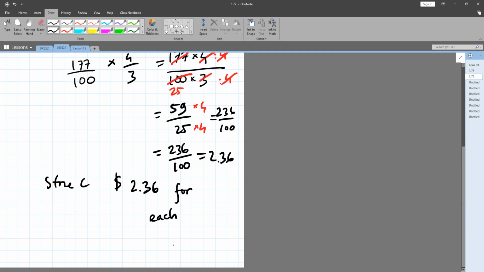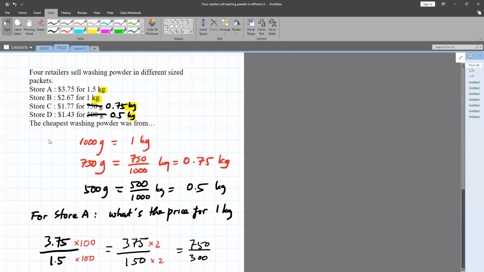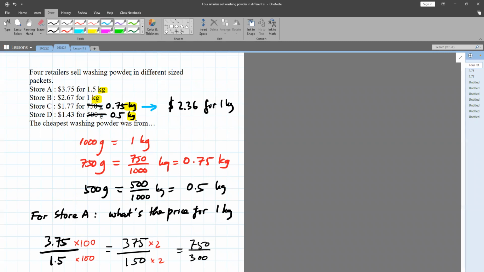Okay, so let's write down this number here. Basically what happened is in store C, when you have $1.77 for 0.75 kilogram, it is equal to $2.36 for 1 kilogram. Now remember the previous one.